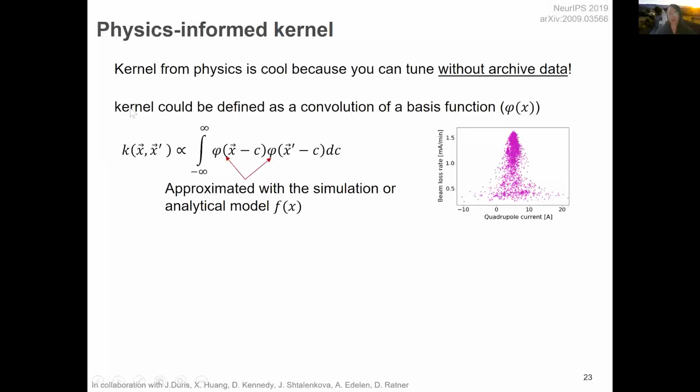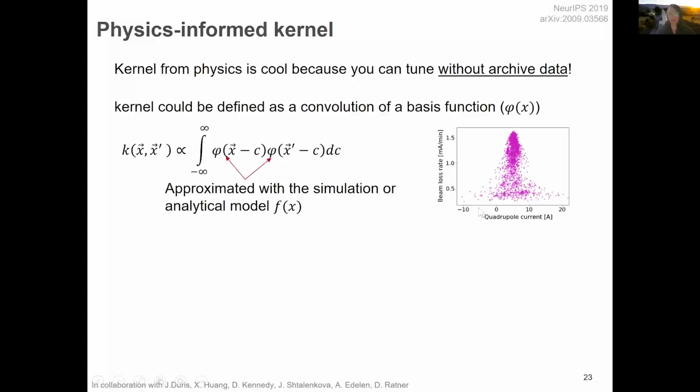So the kernel could either have a closed form as the RBF kernel that we saw, but it could also be defined as a convolution of basis functions. So this is the convolution, and this basis function is approximated from a simulation or an analytical model.